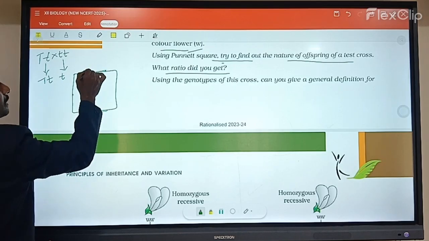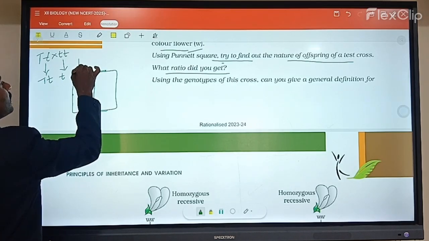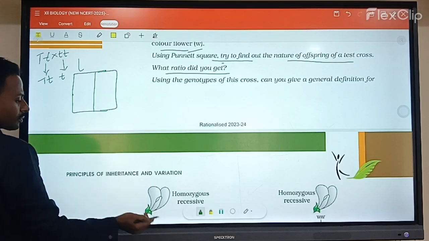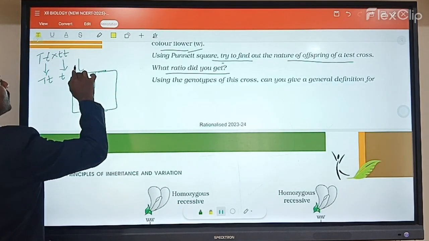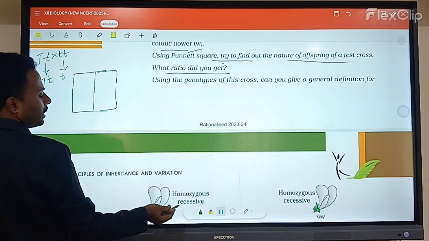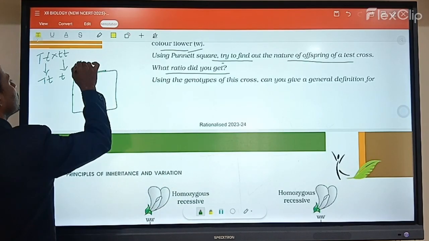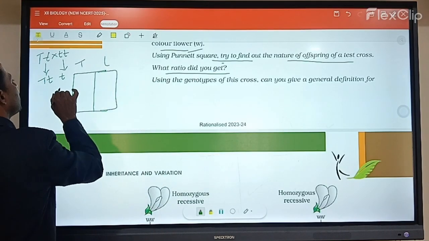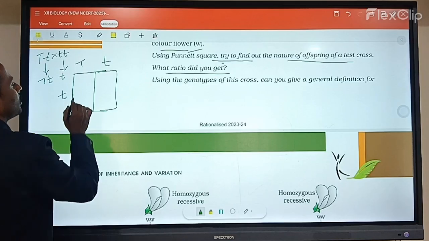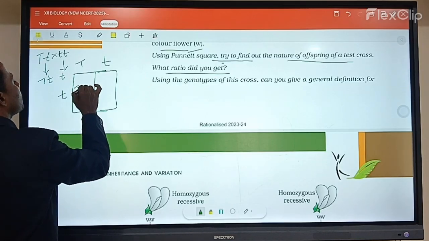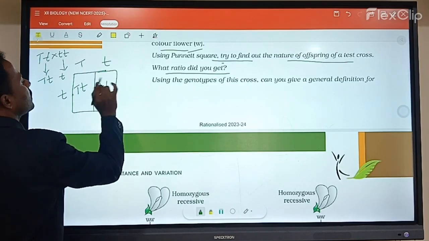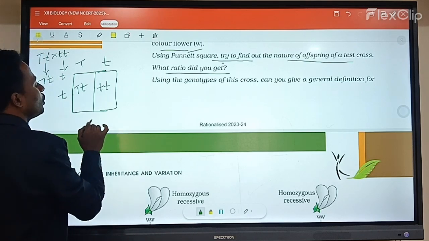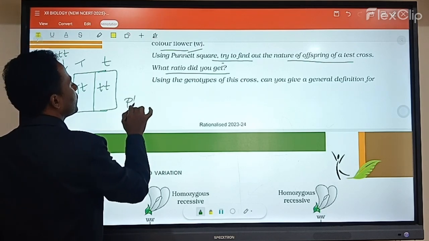So we get capital T small t, and small t small t. What is the phenotypic ratio you observe?